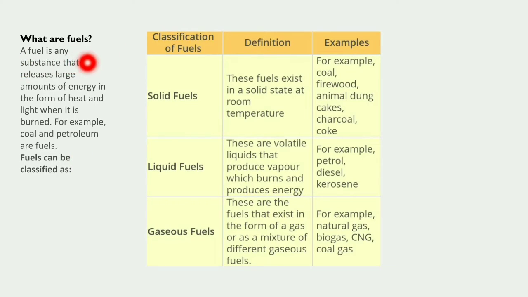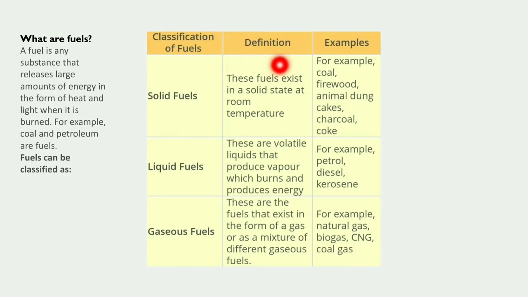A fuel is any substance that releases a large amount of energy in the form of heat and light when it is burned. For example, coal and petroleum are fuels. We all know that we can get energy from coal and petroleum. That is why we use them to run the factories, and we also use them in our vehicles.